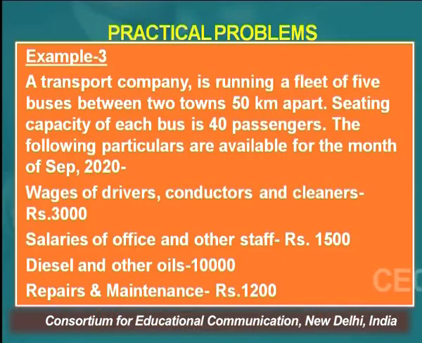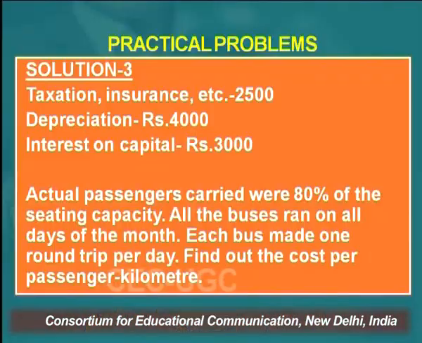Salaries of office and other staff, 1,500 rupees. Diesel and oils, 10,000 rupees. Repair and maintenance, 1,200 rupees. These are the various costs involved. Taxation, insurance, etc., 2,500 rupees. Depreciation, 4,000 rupees. Interest on capital, 3,000 rupees.